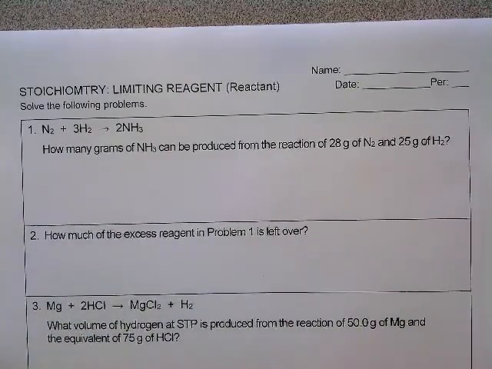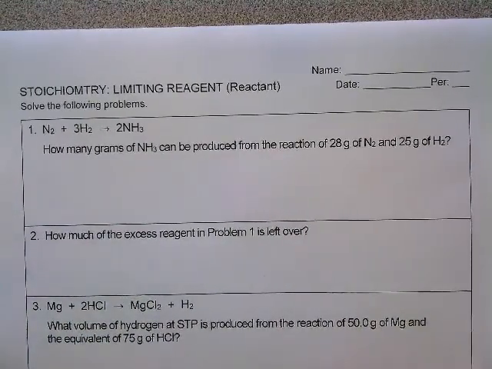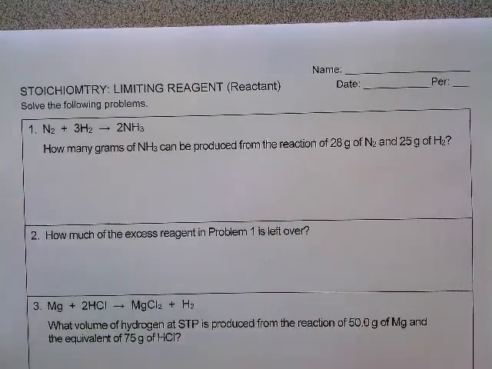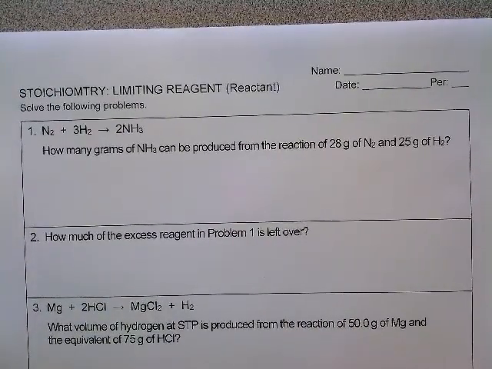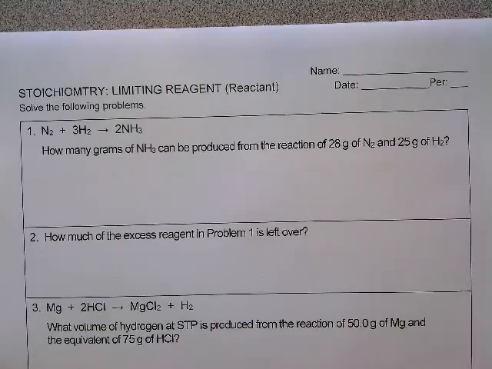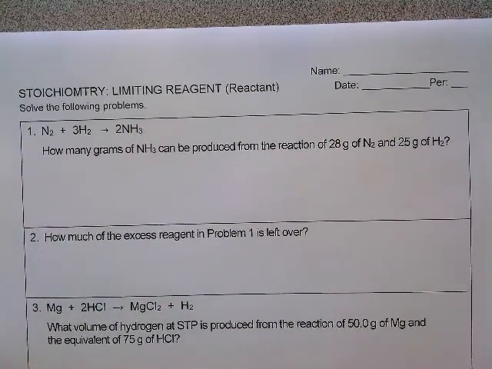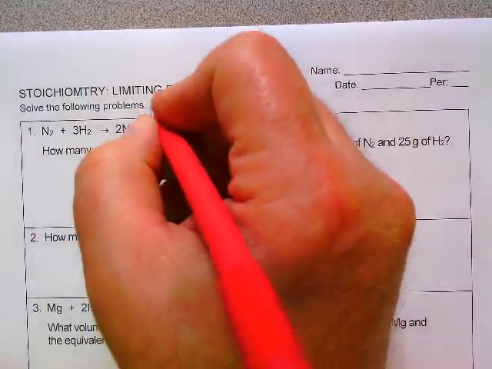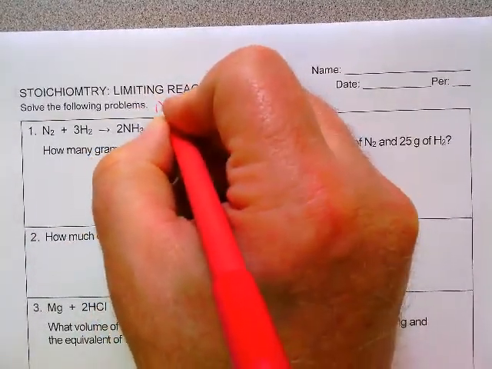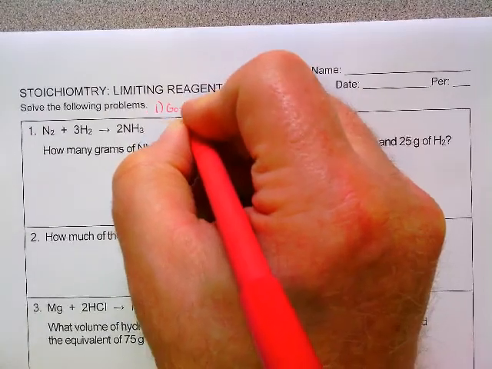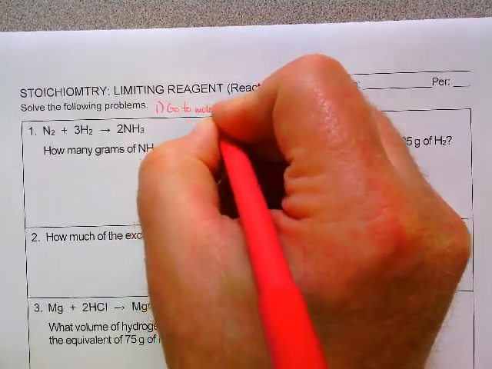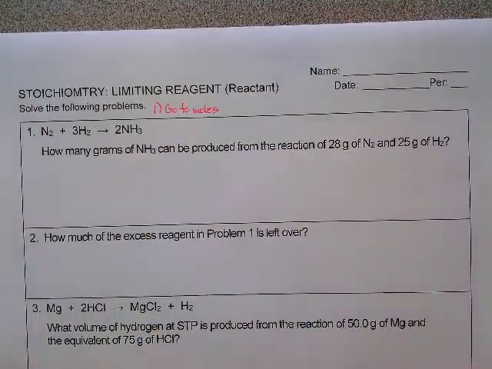And so the same idea is here. We have to figure out which of our reactants, which of our ingredients, is going to limit how much, in this case ammonia, we can actually produce. Now, the first step, if you will, is we have to be in moles. So we need to go to moles for both of our ingredients. That's the thing to note.